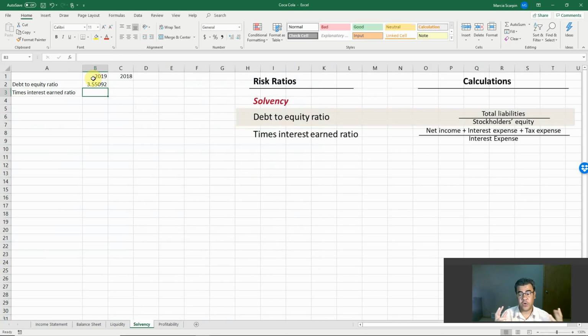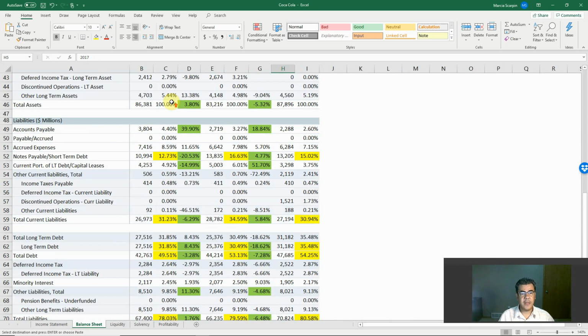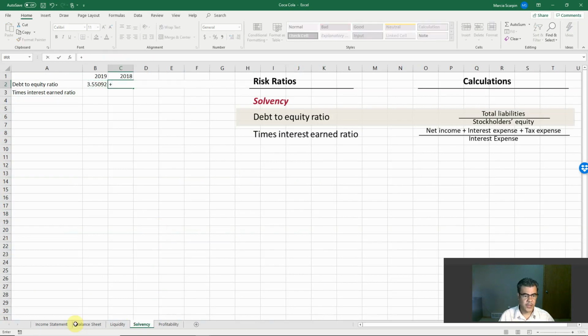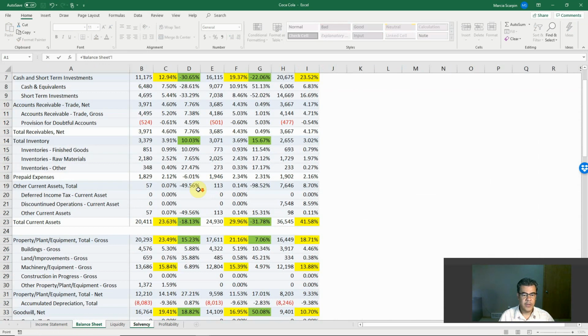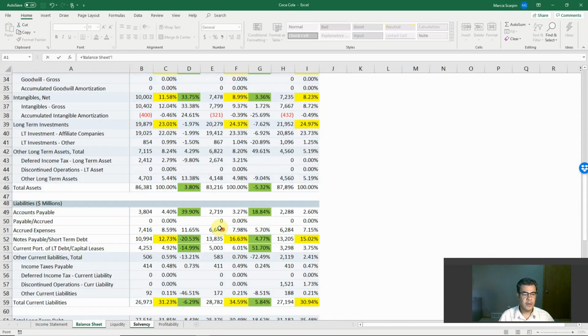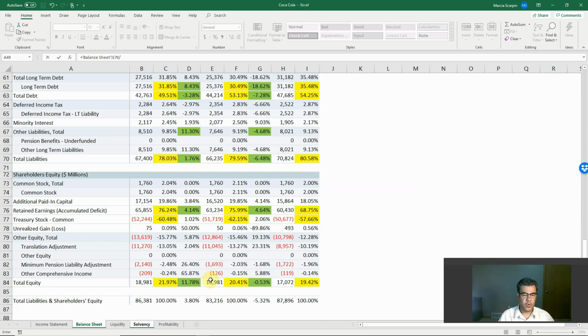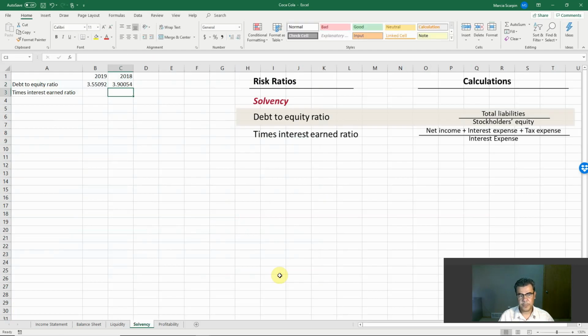So Coca-Cola is a company that deals much more with liability than stockholders' equity. We have a problem here. We cannot copy and paste this formula. Why? Because the next row is not the 2018 numbers. It is the vertical analysis. So we need to calculate it again. 2018 here, total liabilities divided by total equity.